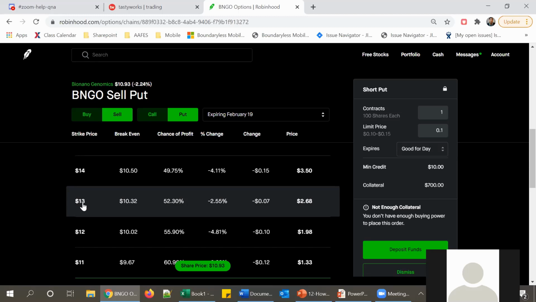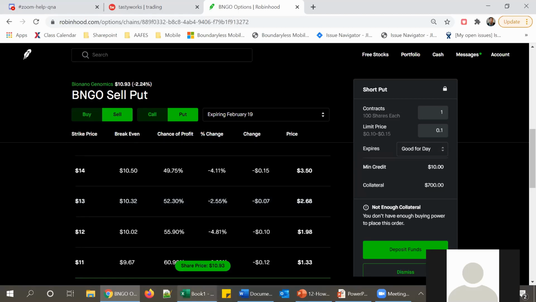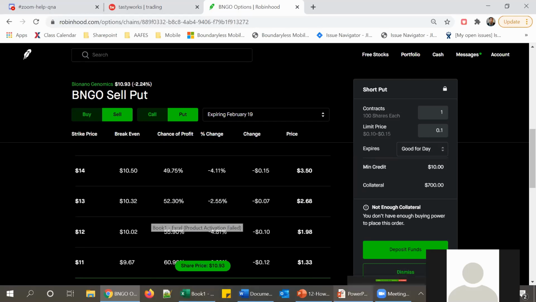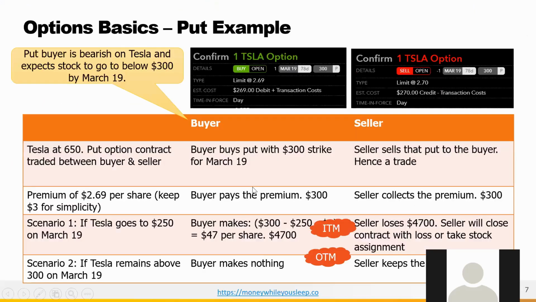We have to take up bingo. We have to buy bingo for $13 as an option seller. Is it clear to you guys, or it is not clear? It's not clear. Okay, so let me try to show you with this example again.